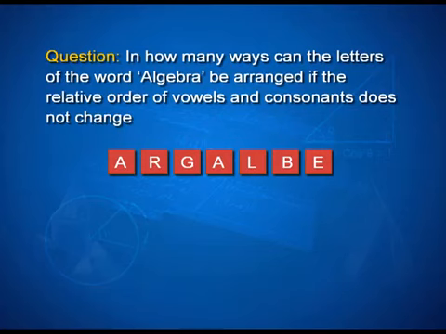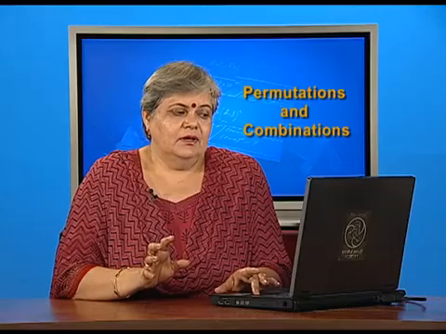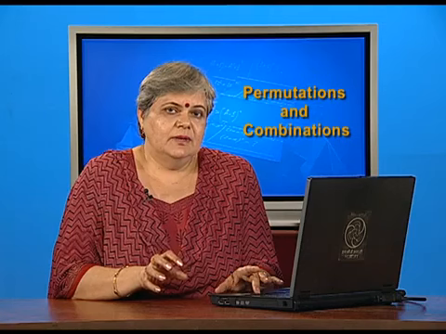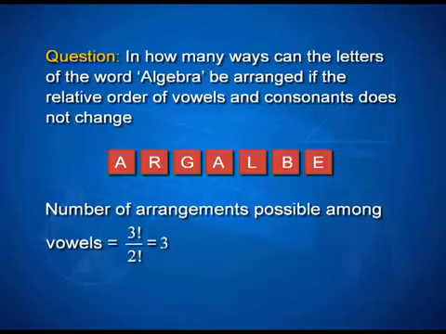Here I have now the letters of the word algebra. So, 7 places, and in the word algebra the consonants are appearing in the 2nd, 3rd, 5th and 6th places. So, vowels must remain in their places and consonants must remain in their places, meaning that vowels must appear in the 1st, 4th and the 7th place.